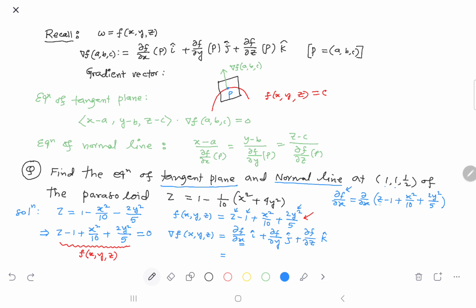So this derivative is 0, then minus 0, then here you get 2x over 10, and here also 0. So this is nothing but x over 5. So del f del x is x over 5. Put it here.